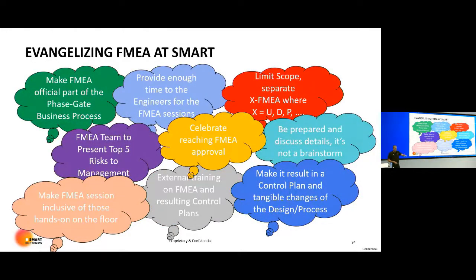We talked a little bit about that. I'll do this quickly. It is what my colleagues and I have done to evangelize FMEA at Smart, and I'll give you some examples. You can read this slide at your leisure, probably in the handouts.